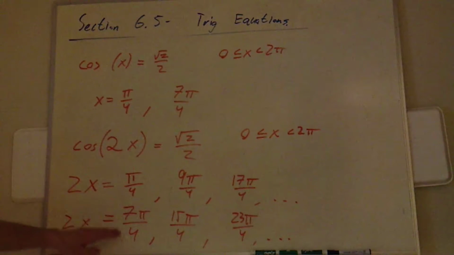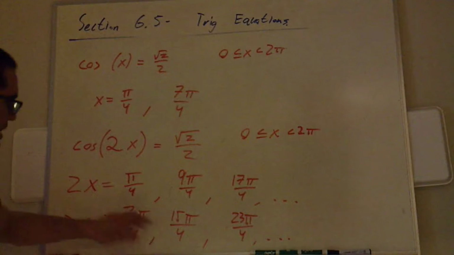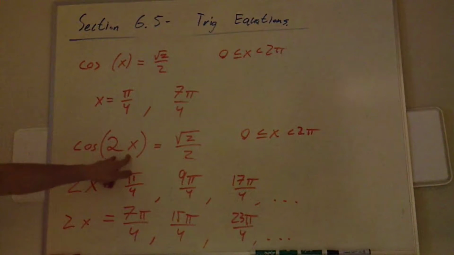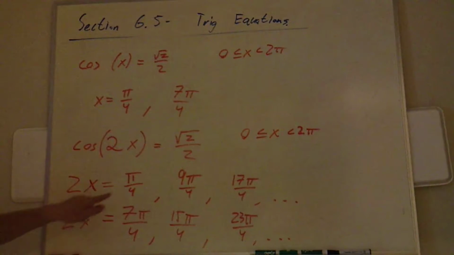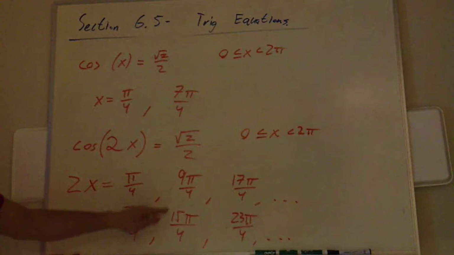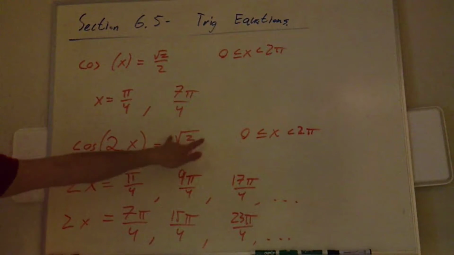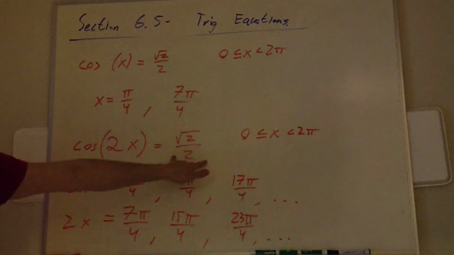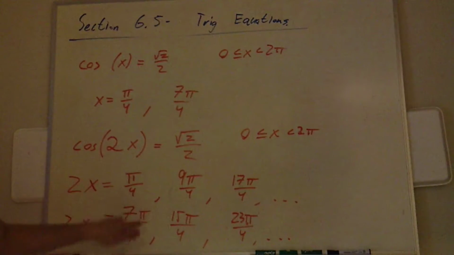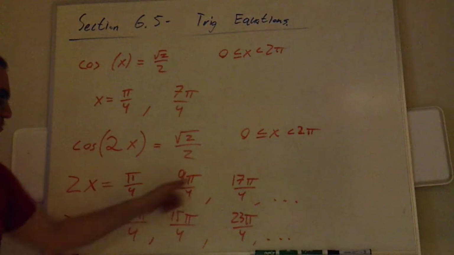So these are all angles. If 2x, the thing that goes inside the cosine, comes out to be these angles, we will get cosine values of root 2 over 2. These two came from the unit circle. These came from coterminal angles.